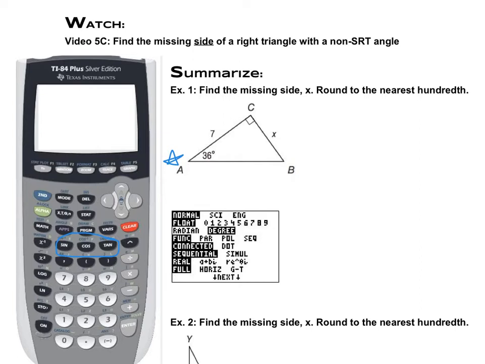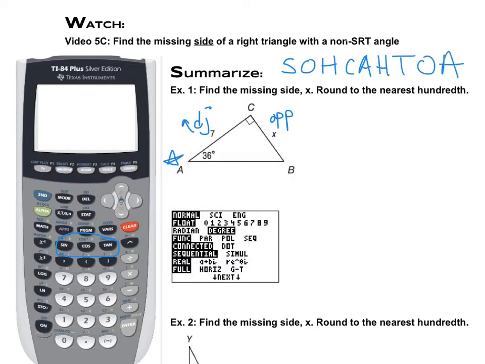So our 7 is an adjacent leg, right next to the angle. So 7 is my adjacent, and x is the side that is opposite that 36-degree angle. So that's my opposite. And then we're going to think back to our little mnemonic, SOHCAHTOA.